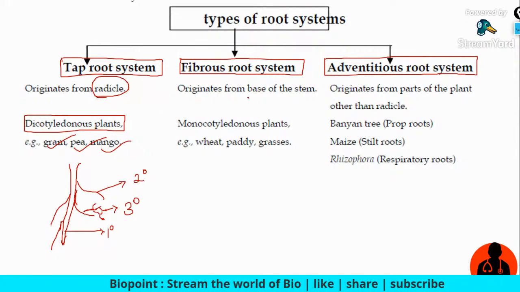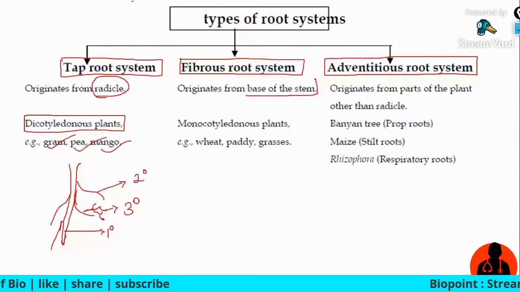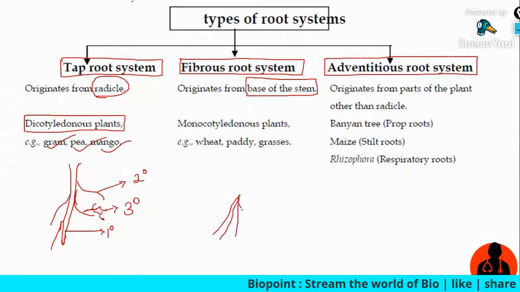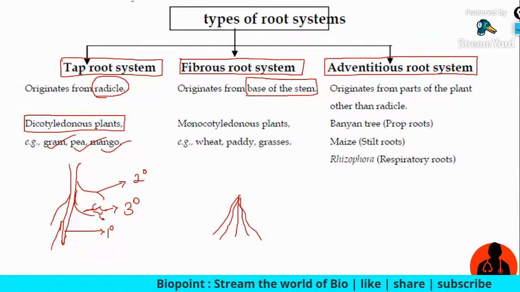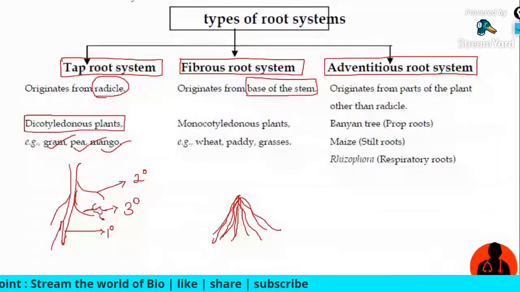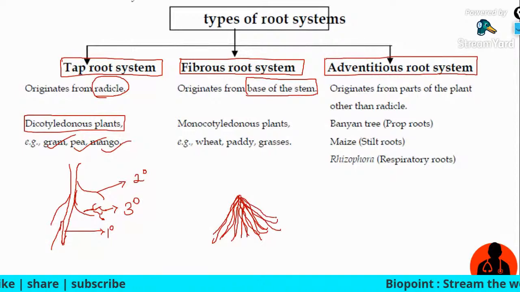Next is the fibrous root system. The fibrous root system originates from the base of the stem. That is, the roots are like fibers. There won't be any specific structures like primary root or secondary root. They are fibrous roots. Suppose at your house you have a small amount of grass. Just pluck out a small grass plant.